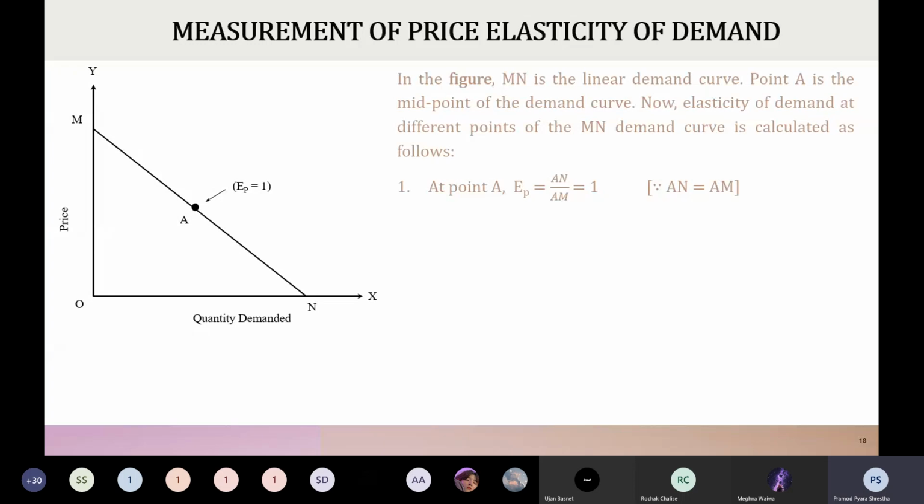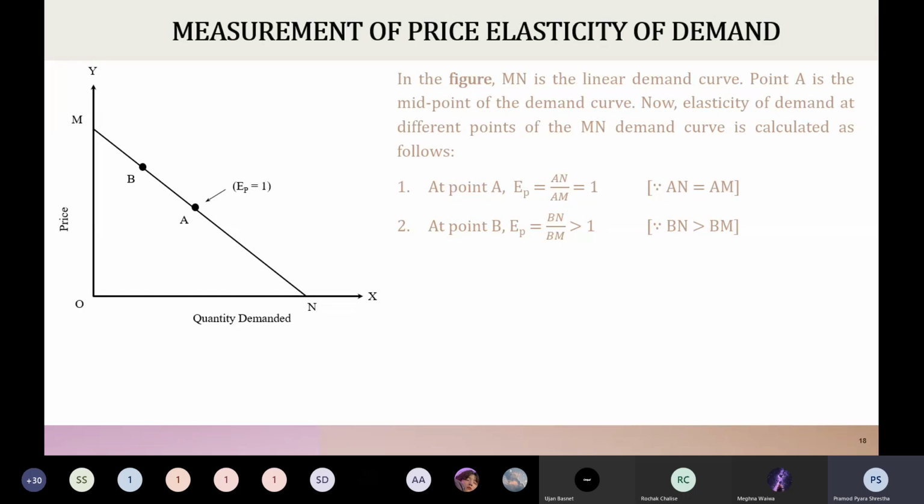Now let's take another point on the same demand curve between A and M, any point, let's say point B. At point B, the lower segment is BN and the upper segment is BM.